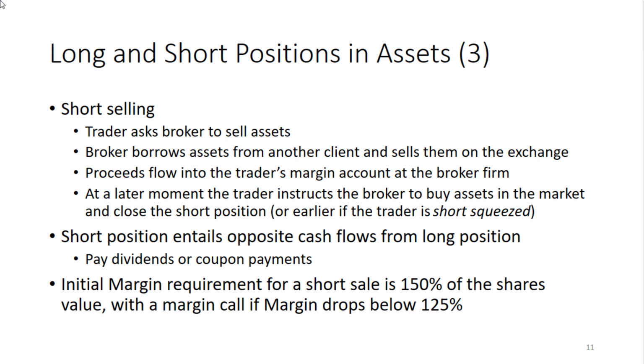And there will be a maintenance margin of 125%, which basically means that as soon as the margin account drops below the 125%, there will be a request from the broker to the trader, to the short seller, to add cash to the margin account to assure that the total cash in the margin account covers 125% of the share value.